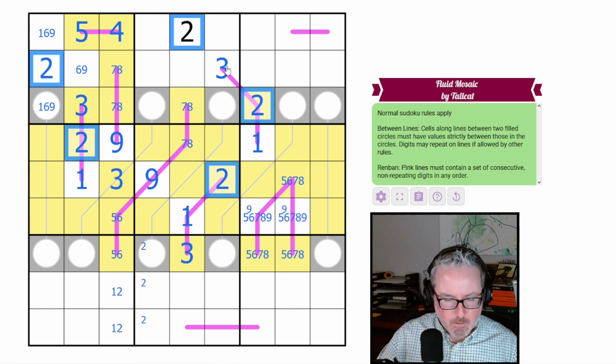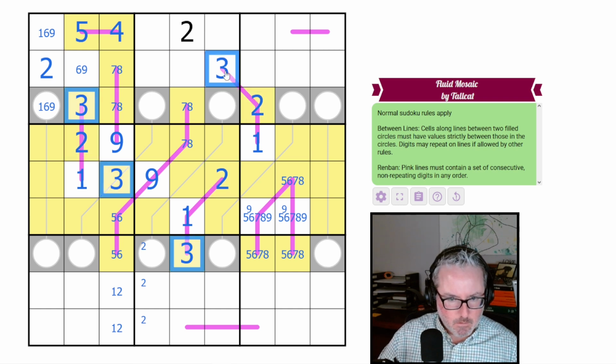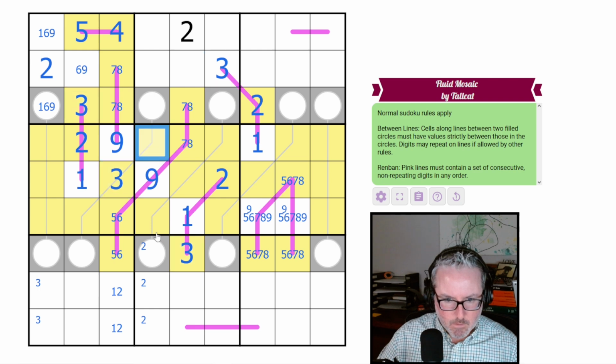Can we keep going down this Sudoku road? I know I've kind of tripped around it a little bit. One of these is a 3. That doesn't rule this out because we can always repeat digits.